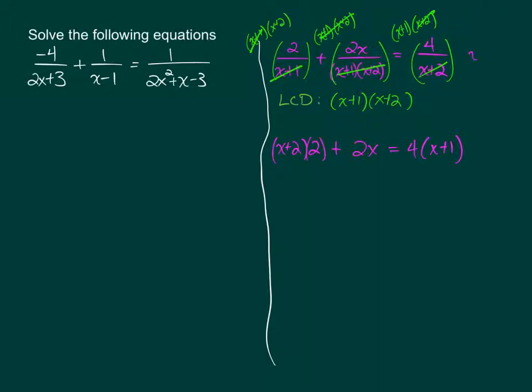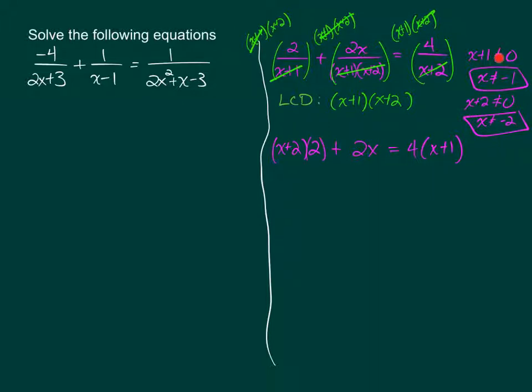So if I set x plus 1 and say it cannot equal 0, that means x cannot equal negative 1. And if I take this other denominator, x plus 2, and say it cannot equal 0, then I also know that x cannot equal negative 2. So there's that. These are the restrictions over here.